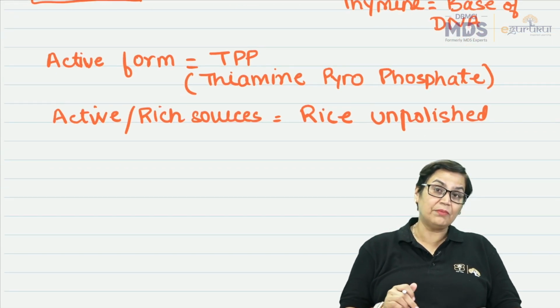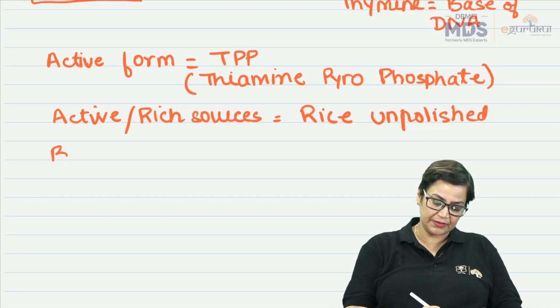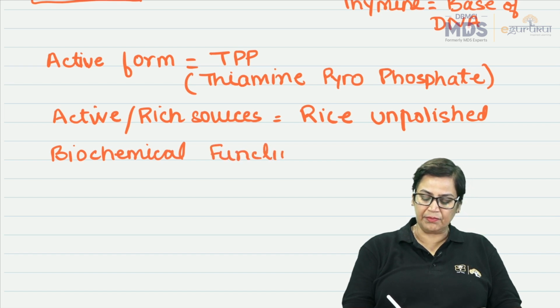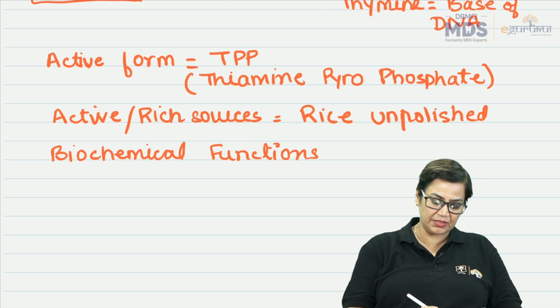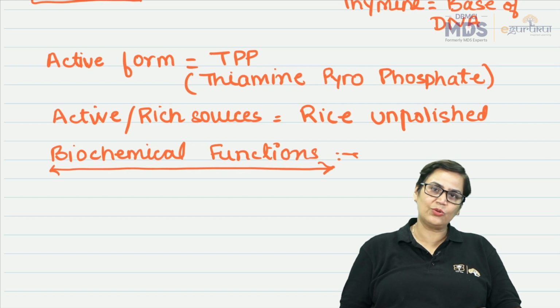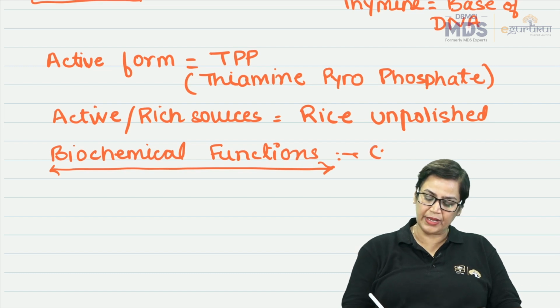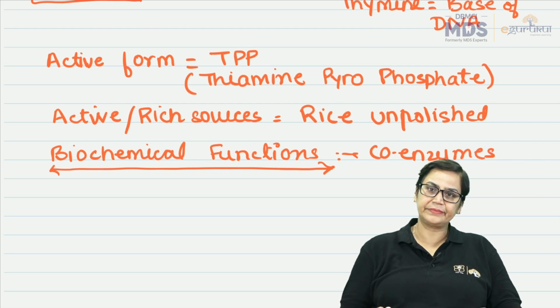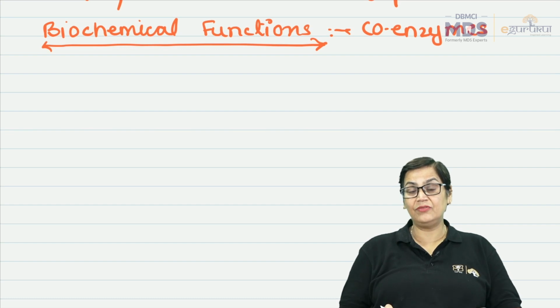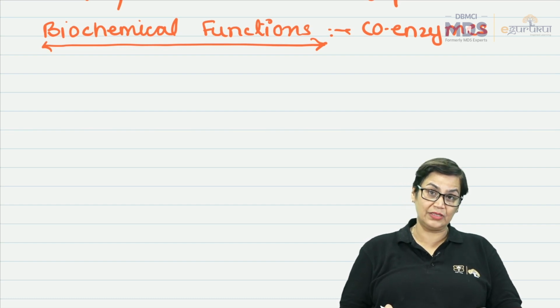Then come the biochemical functions. Just now I told you that if we look at the biochemical functions, they are used as coenzymes. Now what are the major reactions in which TPP functions as a coenzyme?